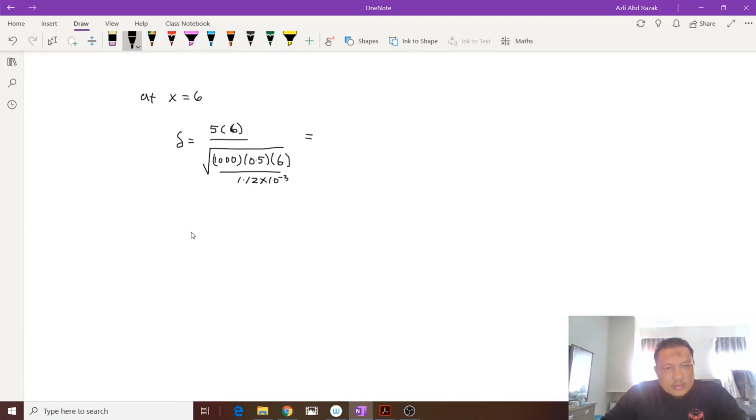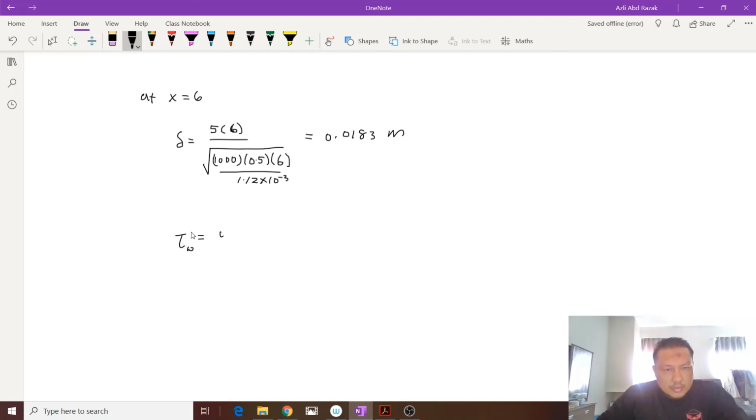At the end of the day, we have a delta here of 0.0183 meter.